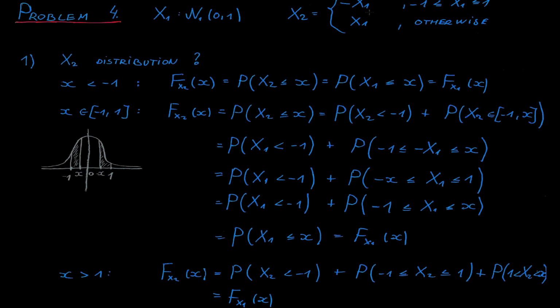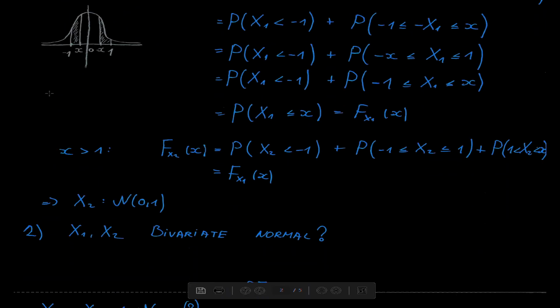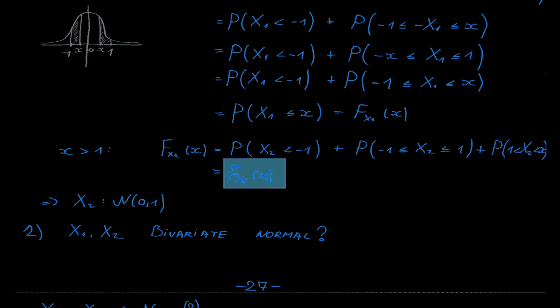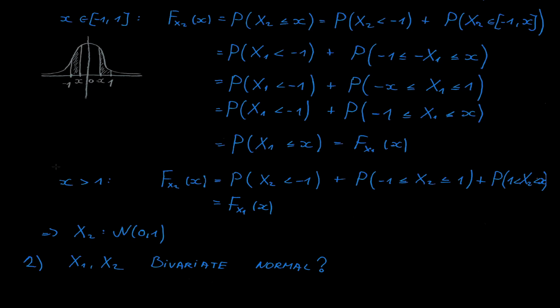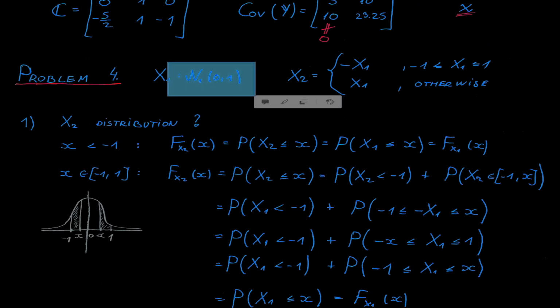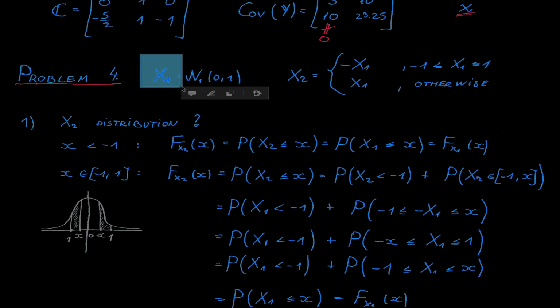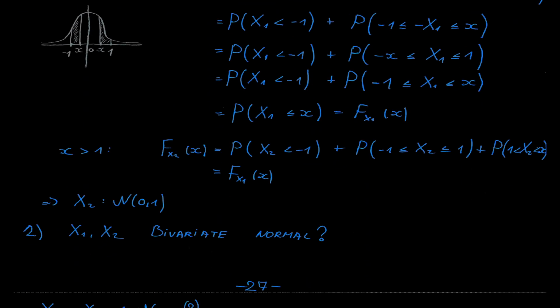When you substitute -x1, you actually get what you need, and then we get again the cumulative distribution function of x1. So the cumulative distribution function of x1 is equal to that of x2, which means that the random variables x1 and x2 have the same distribution, the standard normal distribution.